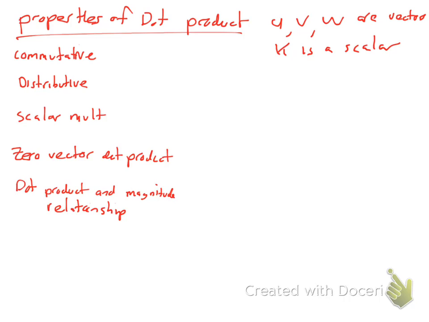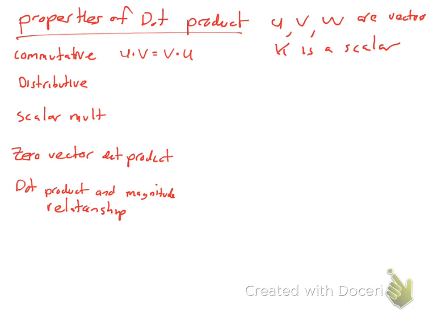So, commutative just means that U dot V is the same thing as V dot U. This should make sense because if A1 times B1 is going to be no different than B1 times A1, then you move on to the next set and it's A2 times B2. And that order doesn't matter. So the dot products are commutative, means you can flip their order.